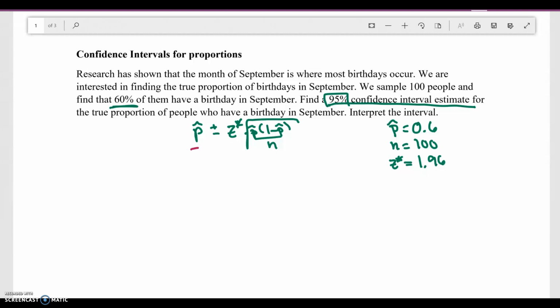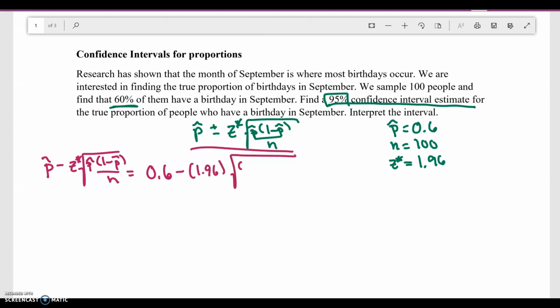So now let me first start with p hat minus z star square root of p hat times 1 minus p hat, all over n. We know what p hat is. That's going to be 0.6 minus z star, which is just 1.96, times the square root of 0.6 times 1 minus 0.6, divided by 100.